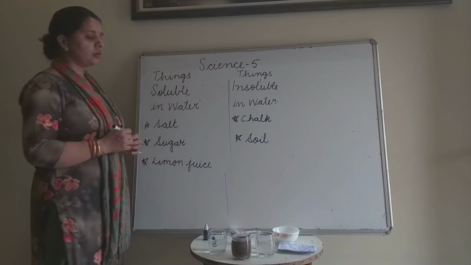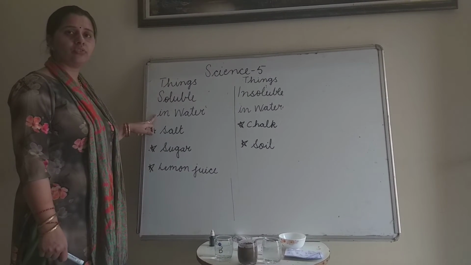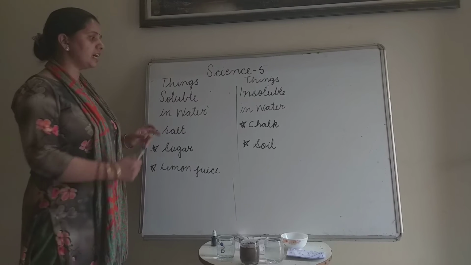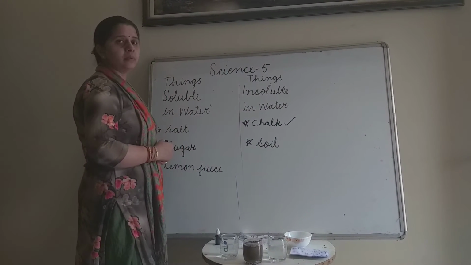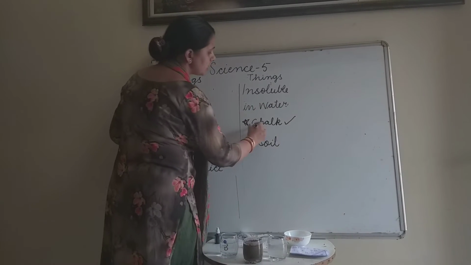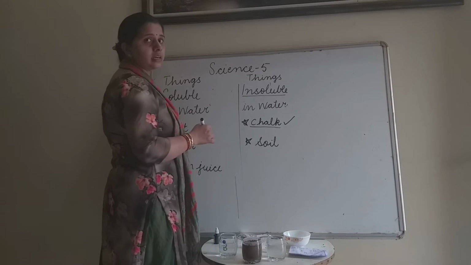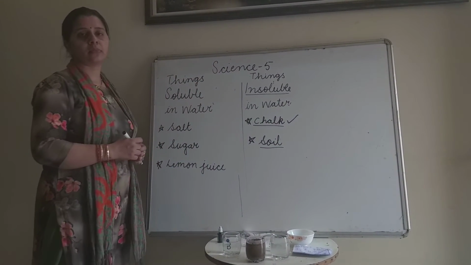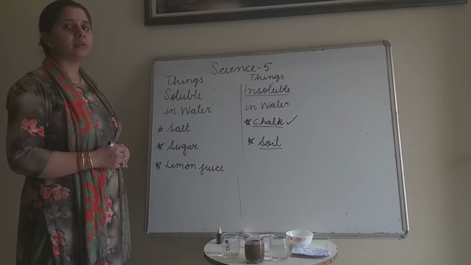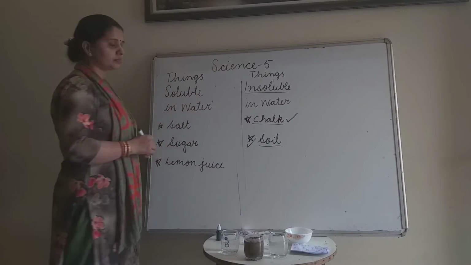So what I have shown you, that is things soluble in water. So first of all I have dissolved chalk. Chalk was not soluble in water, so chalk is insoluble in water. Then after I have dissolved soil in water, soil is insoluble in water, so this is insoluble.